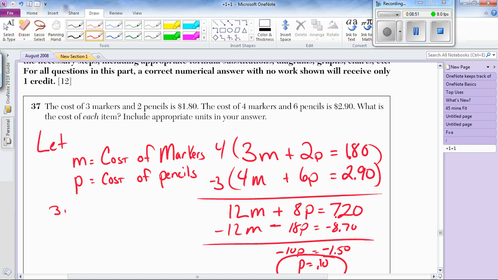So 3m plus 2 times a dime equals $1.80. I keep doing that. 3m plus 20 cents equals $1.80.